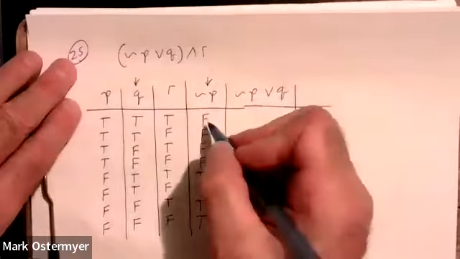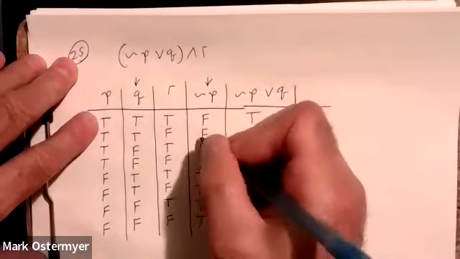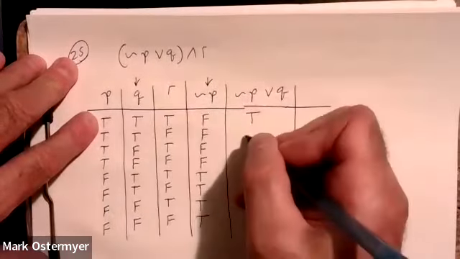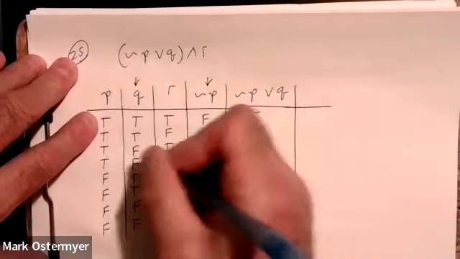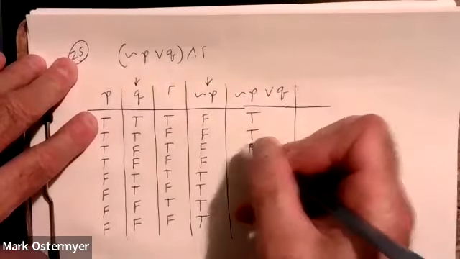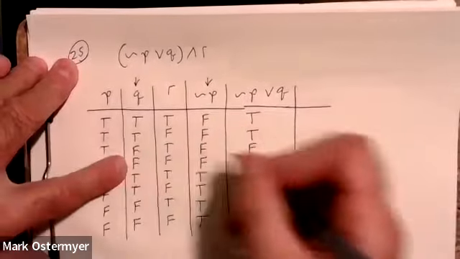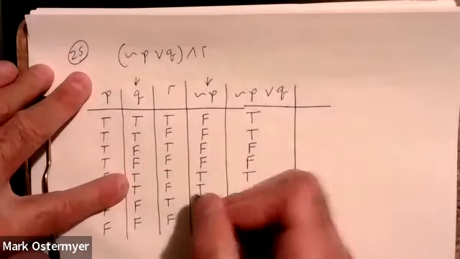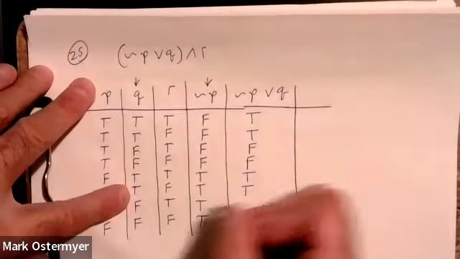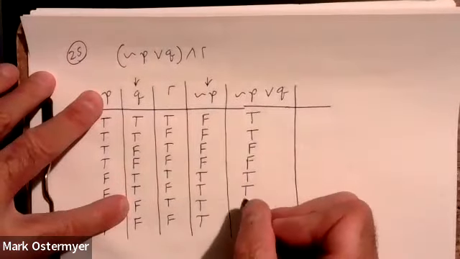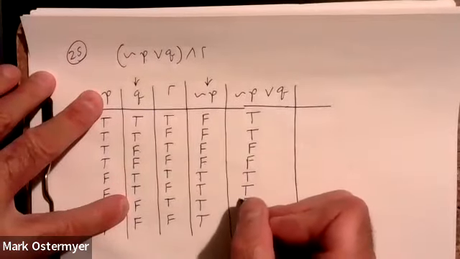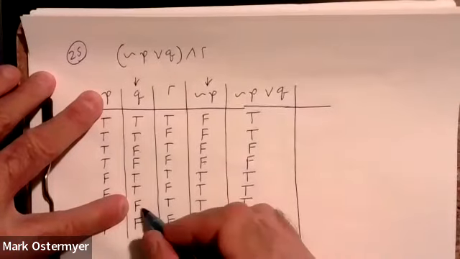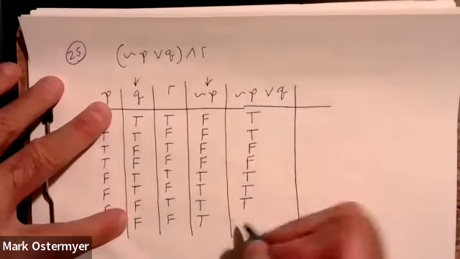So false or true, true. False or true, true. False or false, false. False or false, false. True or true, true. True or true, true. True or false, true. True or false, true.